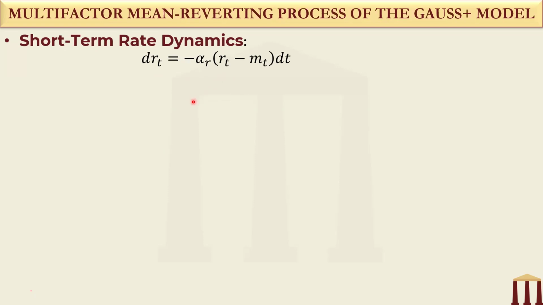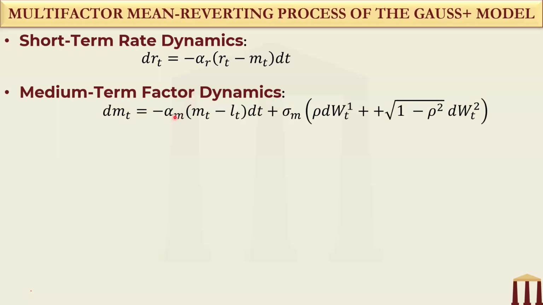The short term rate is actually drifting. You can see this is the change in the short term rate. It is drifting towards the medium term rate MT at a speed which is governed by alpha R. Okay, so this is quite similar to the first part of the Vasicek model only, right? Now we have the medium term factor dynamics. So this is the formula for medium term factor dynamics.